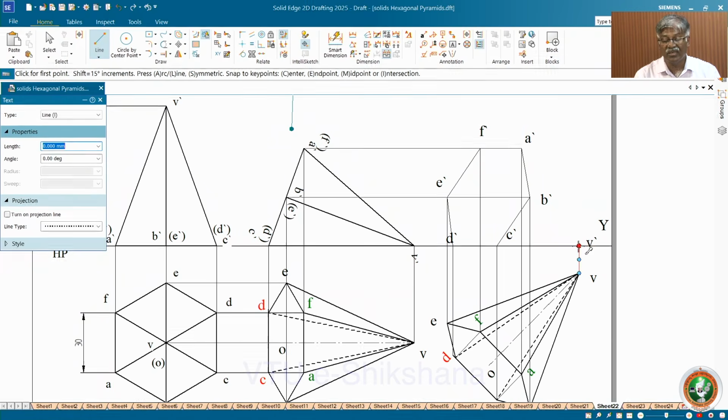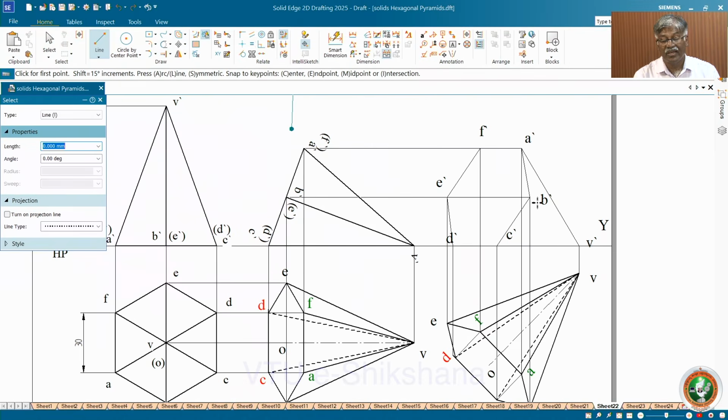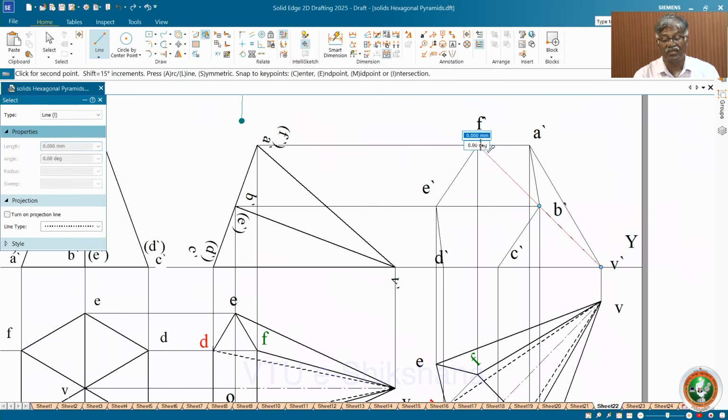Now join all corners of this with V. Sometimes you may face nearby points or midpoints or some intersection, and then it will go there. But very carefully zoom and do it in that case all the time. That's all. Then DC and DV and CD are coinciding with each other.